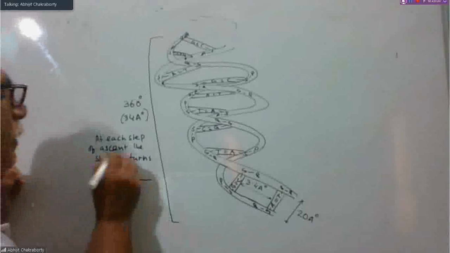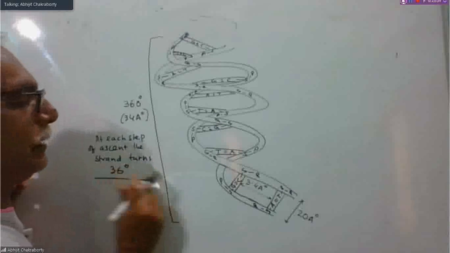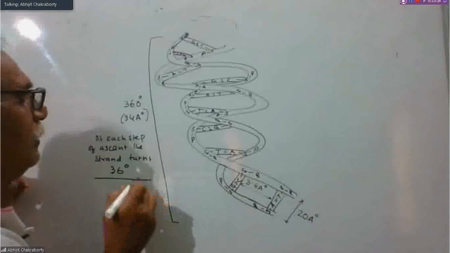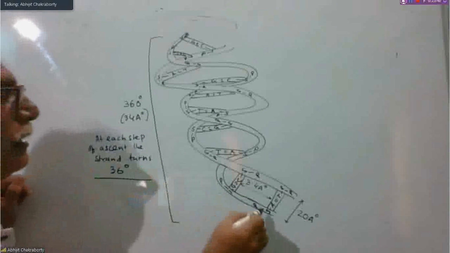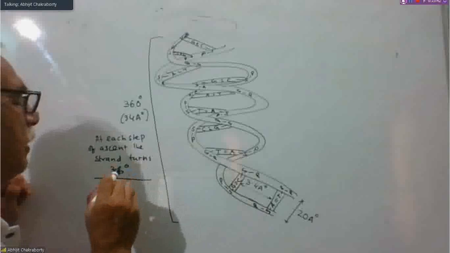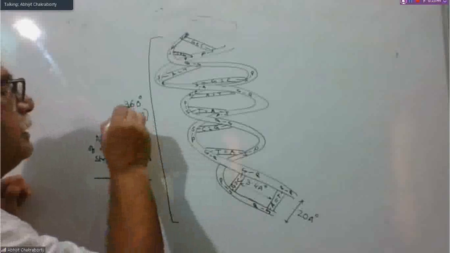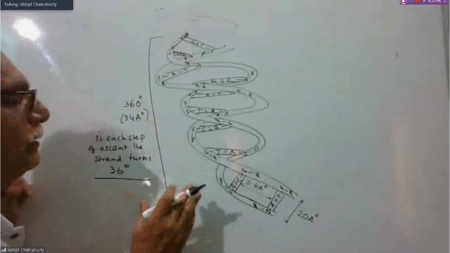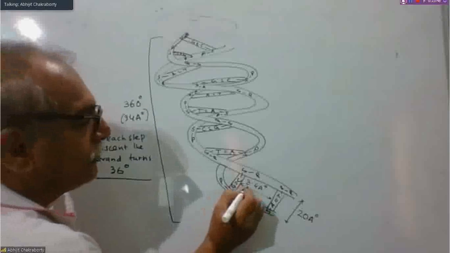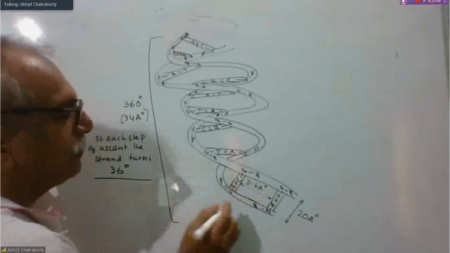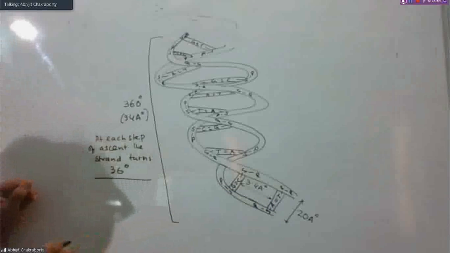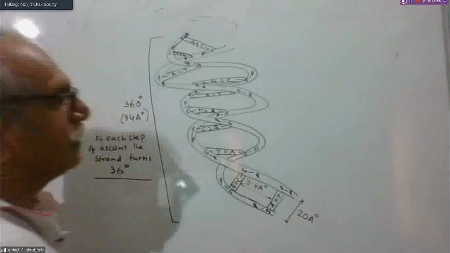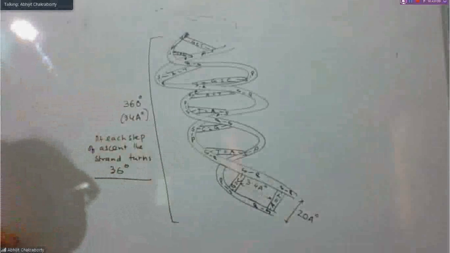At each step of ascent, the strand turns 36 degrees. So there are 10 steps. That's why it is 34 angstrom. The total turn: 10 steps of ascent, 36 into 10 is 360 degree turn. And here, as they are equidistant, the distance between two adjacent bases should be 3.4 angstrom. This is the diameter, which is 20 angstrom. This is the structure of DNA.